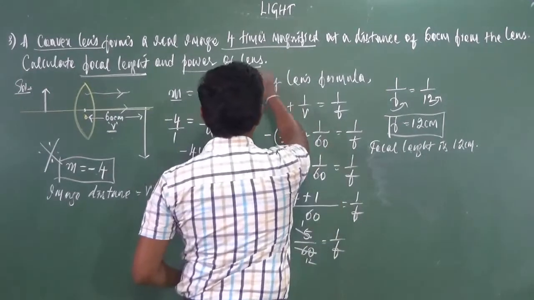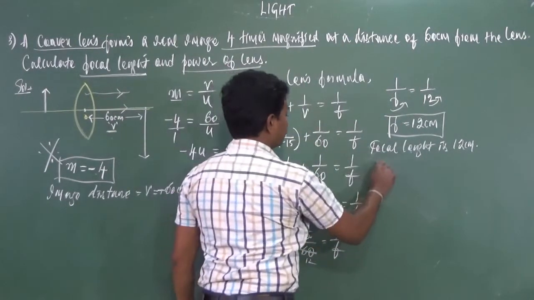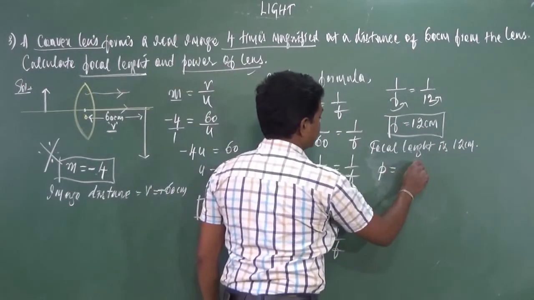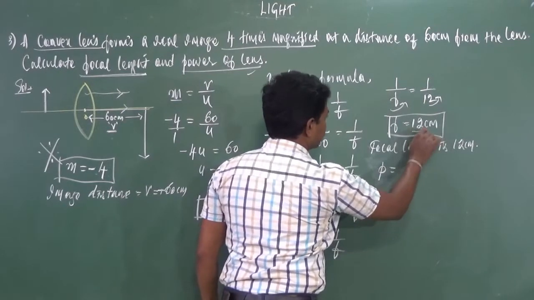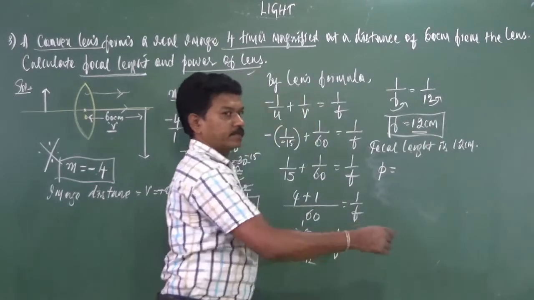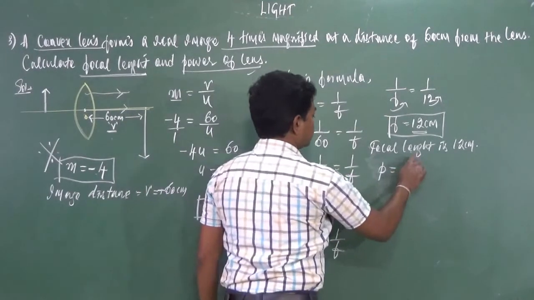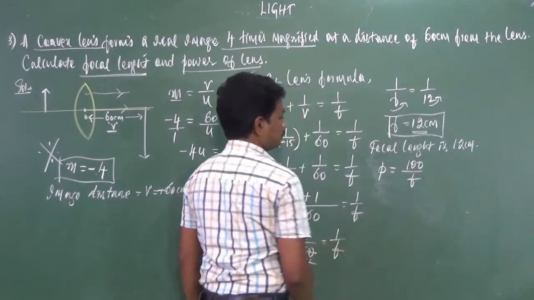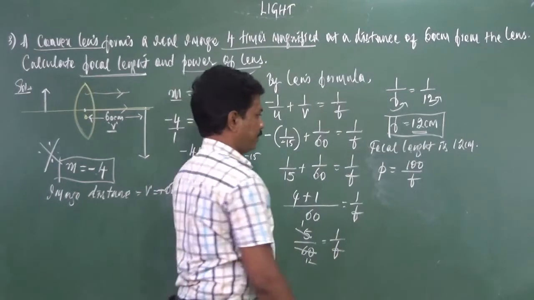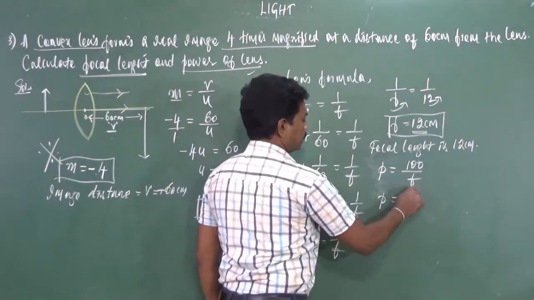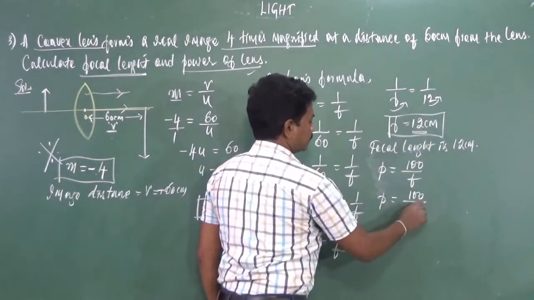So now we will have to find out the power of the lens. The power of the lens is given by P is equal to, as this focal length is in centimeters, we have to convert that into meters. So directly we will take 100 by F. P is equal to 100 by F, which is 12.